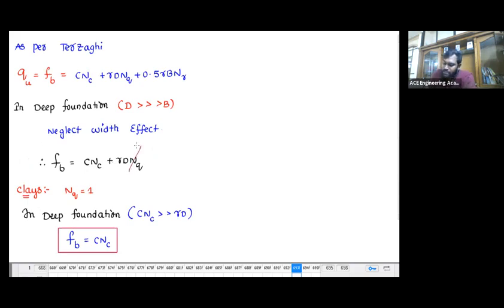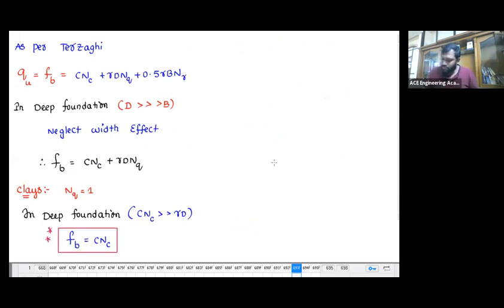If Nq is equal to 1, what is left over is gamma D. Compared to cNc in deep foundations, the gamma D value is going to be much lesser. Then qb is equal to c into Nc in the case of clays. This is about the ultimate bearing capacity I was discussing. Hope now my voice is clear.